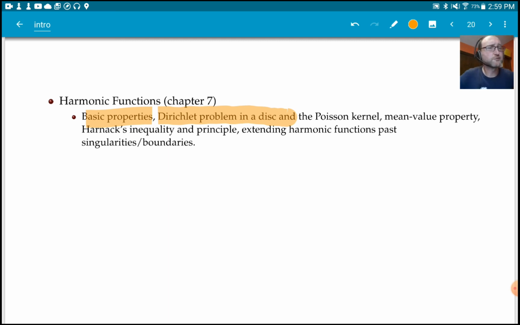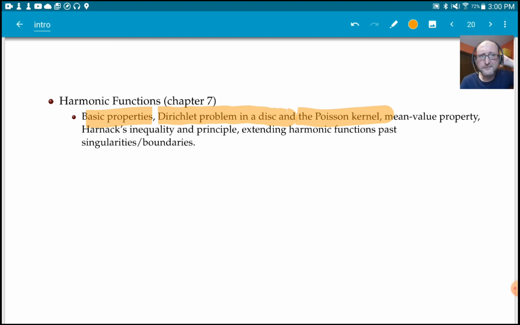Harmonic functions are, for example, steady state heat. If you have heat applied on the boundary of a domain, you want to figure out what's the heat inside at any point after a very long time. Well, that's a harmonic function. The solution to that is via the Poisson kernel, which is like the Cauchy integral formula.